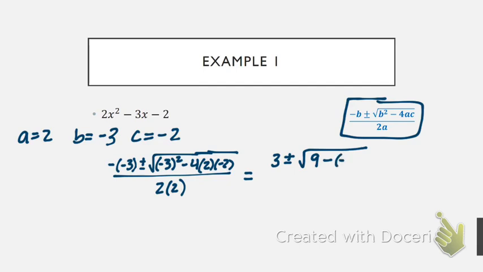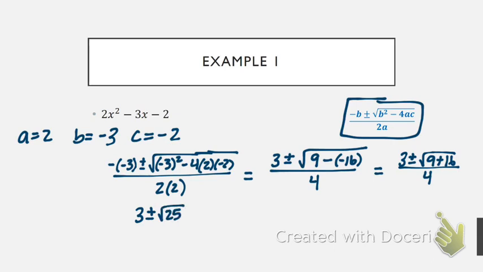So I have minus negative 16 all over 4. And that's 3 plus or minus 9 plus 16 over 4. And then 9 plus 16 is 25.